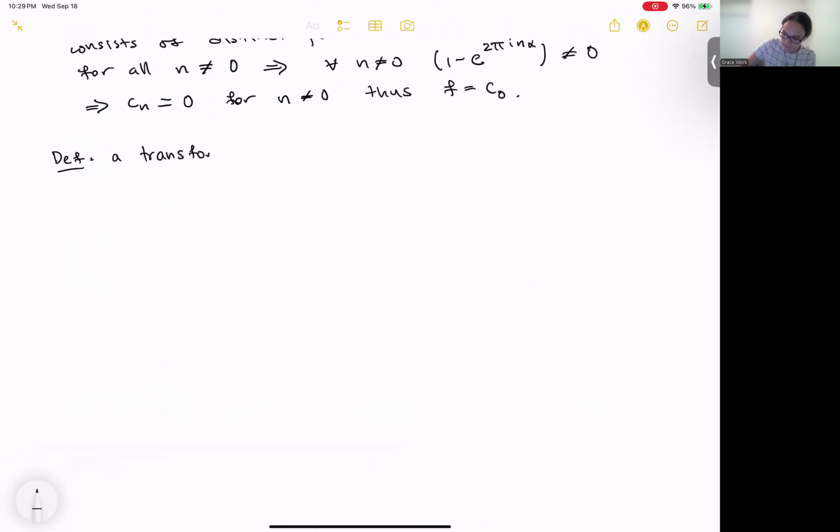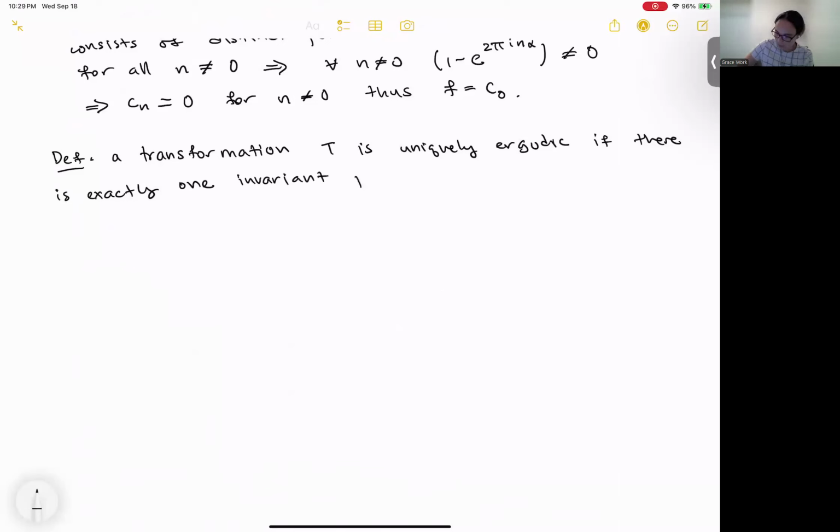A transformation T is uniquely ergodic if there is exactly one invariant probability measure. And for circle rotations, the only invariant probability measure is the Lebesgue measure.